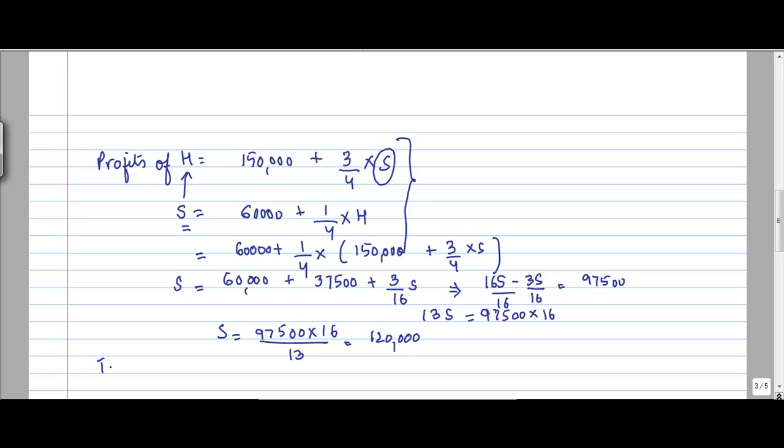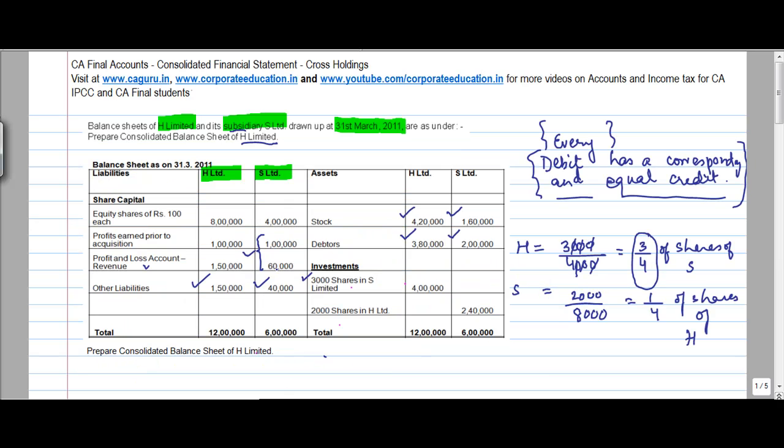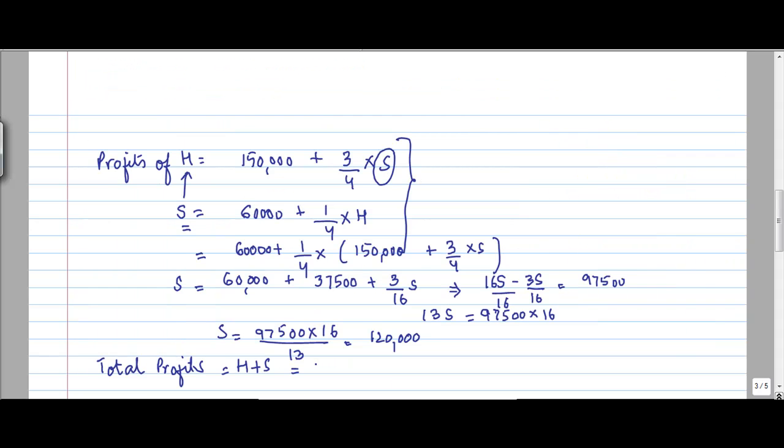But we know that the total profits of H plus S is equal to how much? 1,50,000 plus 60,000, which is 2,10,000. Okay. So 2,10,000 is the combined profit.